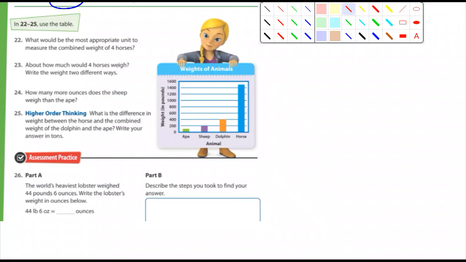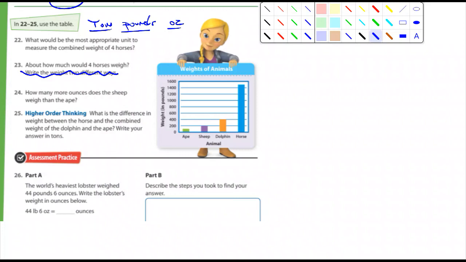So they're talking about tons, pounds, or ounces. That's what they're asking. Number 23, about how much would 4 horses weigh? And then it says write it in 2 different ways. I'm not worried about that. Scratch that out. But you could tell me about how much 4 horses would weigh.